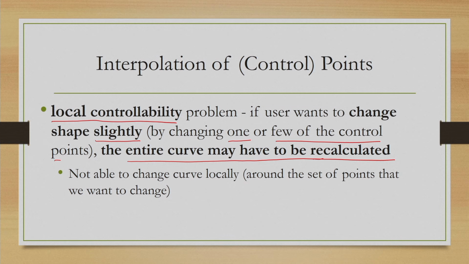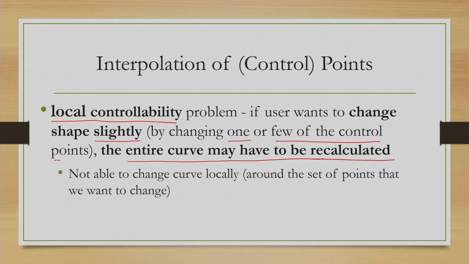which is of course not a good thing, because we have changed few points and ideally we should be able to restrict our recalculation effort to those few points only, but instead we have to solve the entire set of equations again, which is not an efficient approach.